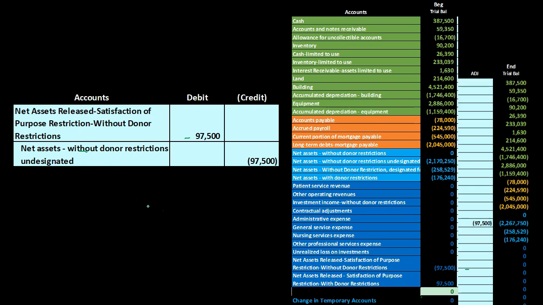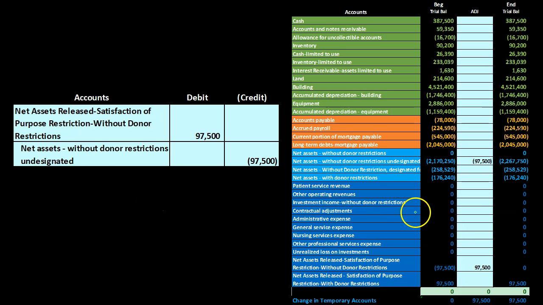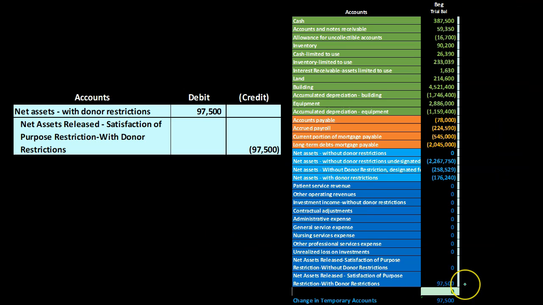So if we post that out, then it's going to look like this. We're going to say that the debit is going to be here, bringing this amount down to 0. Then we have the credit balance in the net assets. We're going to be crediting it to make it go up. So that's the other side of it, increasing the net assets. Then we're going to be recording or reducing this last piece down to 0. It has a debit balance in it.